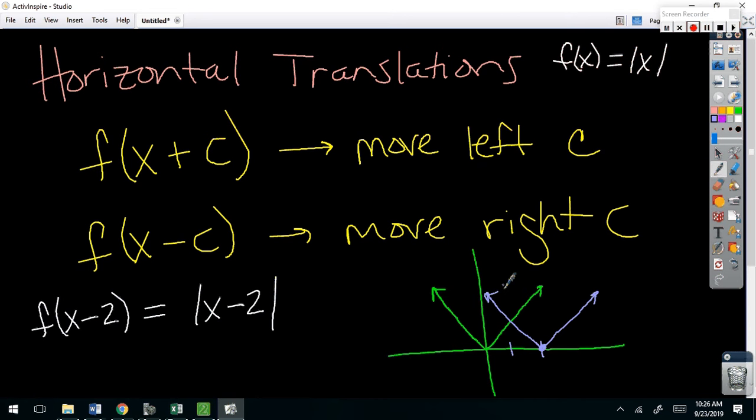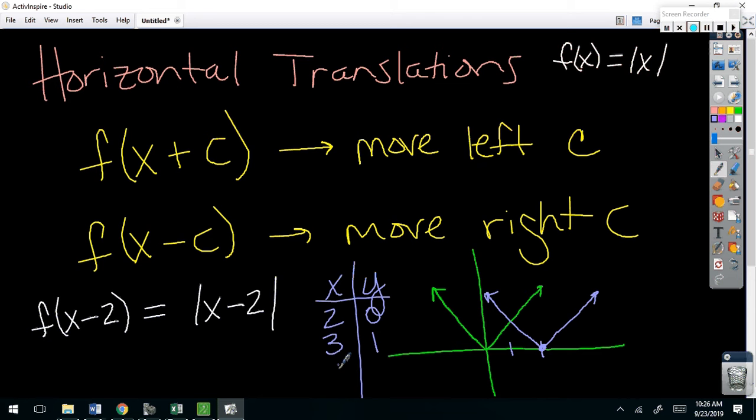Well, you do, but whenever you plug it back in and then you evaluate for y, like think about this. All right, let's do this. If I plugged in 2, what do you get for y? If you plug in 3, what do you get for y?